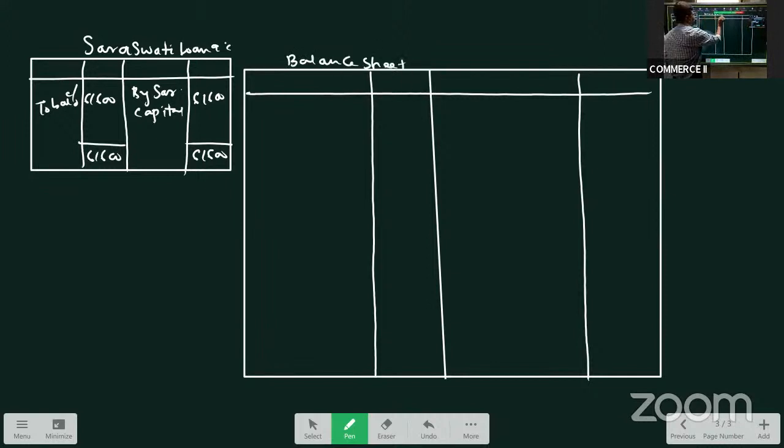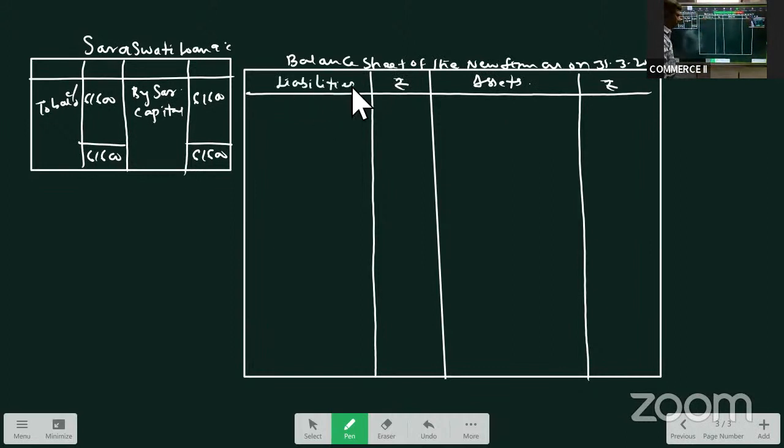Balance sheet of the new firm as on. What is the date of retirement given? Yeah, 31st March 2019. This is the amount column, assets, amount column, liability.